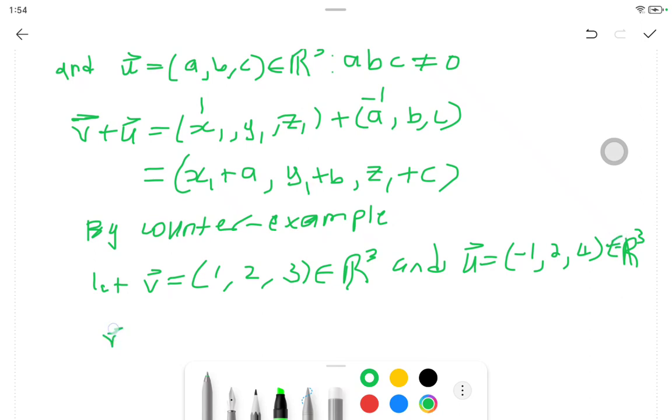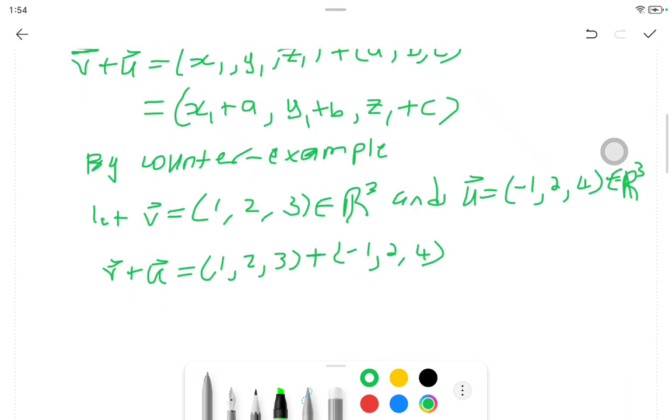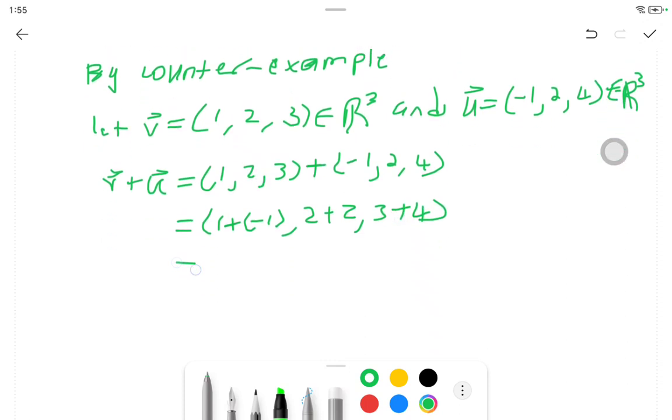So if I take v plus u, I add them, this is gonna be 1, 2, 3 plus minus 1, 2, 4, which is 1 plus minus 1, 2 plus 2, 3 plus 4. What do I get? I'm getting 0, 4, 7.